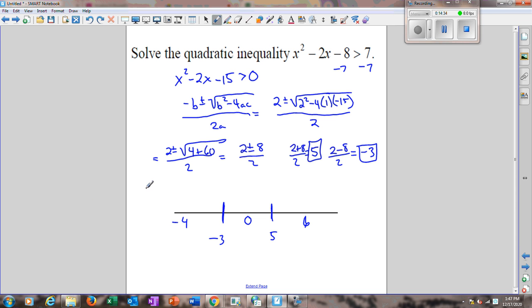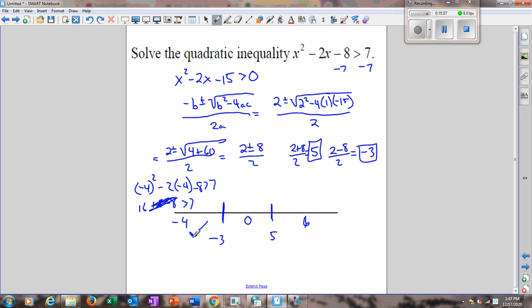So negative 4 squared is 16 minus 2 times negative 4 minus 8. We're just plugging these numbers into the original equation. This gives me 16 plus 8 minus 8. 8 minus 8, those cancel out, and so 16 greater than 7, which is true.